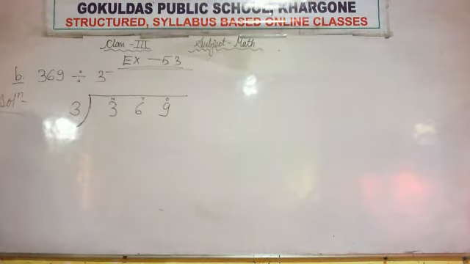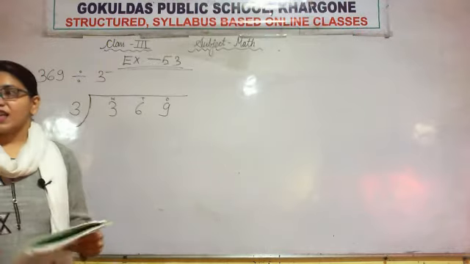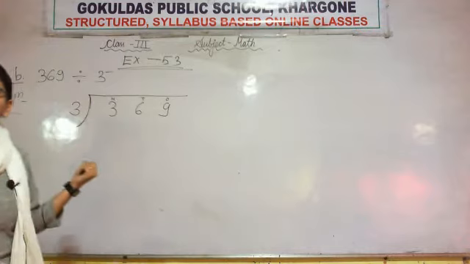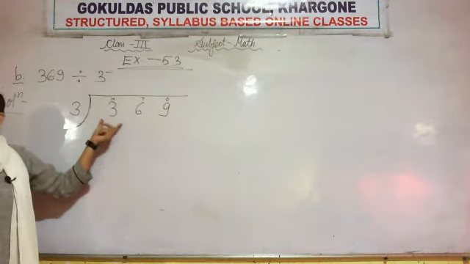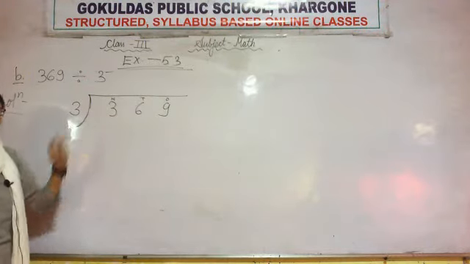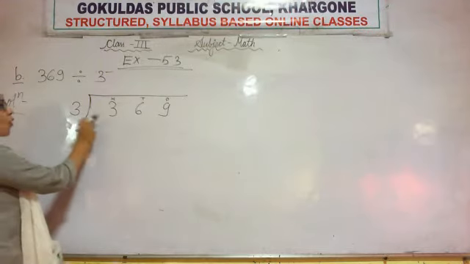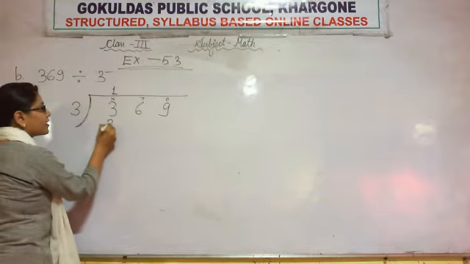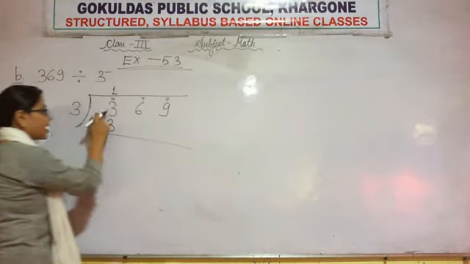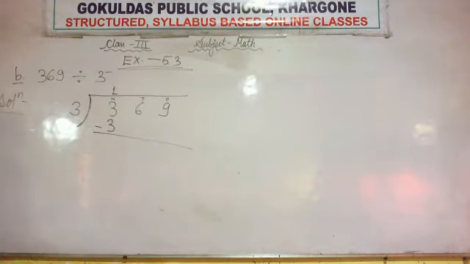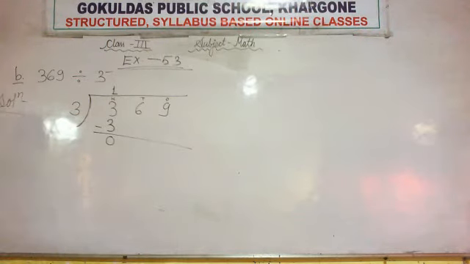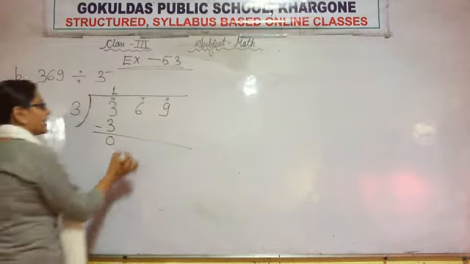As we know, in the division process we start from the highest place value, and here the highest place is hundreds. So we will start from the hundreds place. Now 3 ones are 3. 3 minus 3 is 0, so here we will write 0. Now we will bring down the next number for further solving.